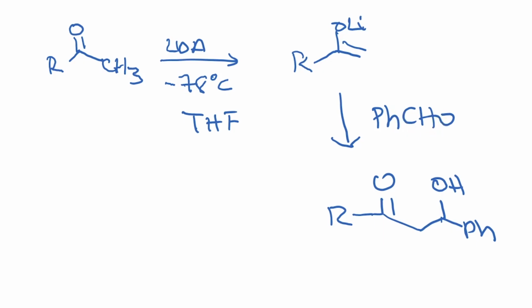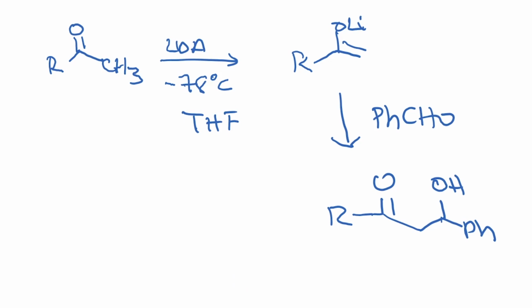So the enolate is quite reactive here, and there's plenty of enolate in solution and a small amount of aldehyde that is added, and so the reaction would favor the formation of aldol.